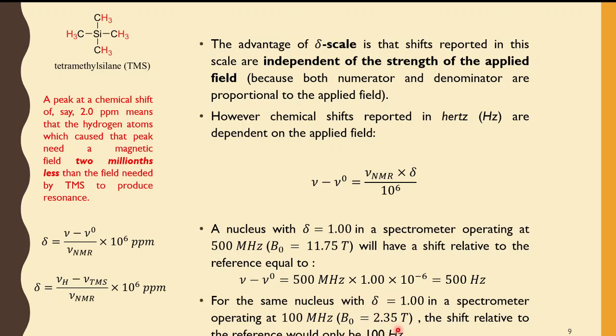So you see here, in hertz it's going to be different. But as you can see, when you use the chemical shift in ppm, it retains the value. So remember, whatever spectrometer or strength that you use, 400, 600 or 300 megahertz, the value of the chemical shift in ppm doesn't change.